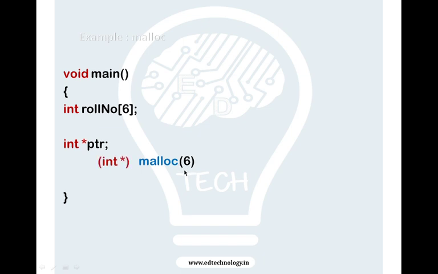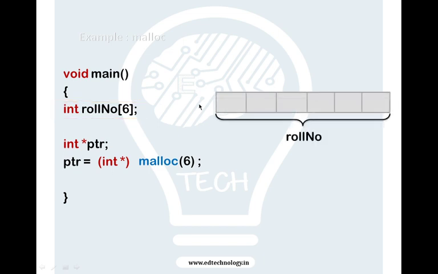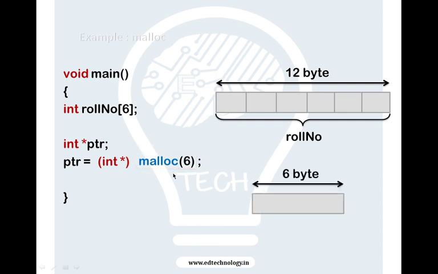So when I am declaring that variable with the size 6 into the pointer, the initial roll number 6 will actually allocate 12 bytes, whereas the malloc will only allocate 6 bytes. Because this is the use which I want, that means I need to control the memory, not the memory getting controlled by the program.